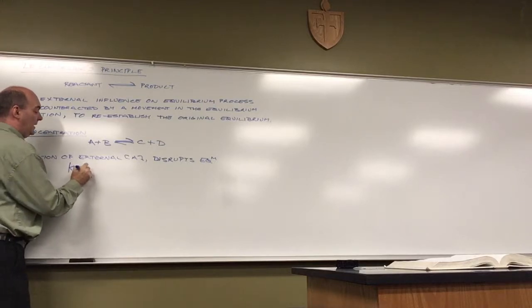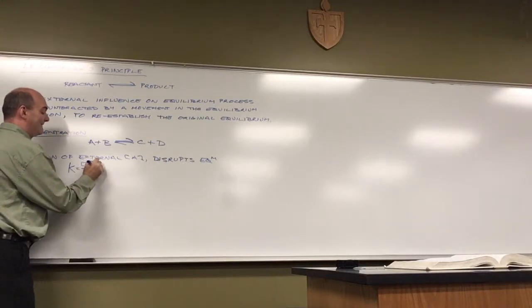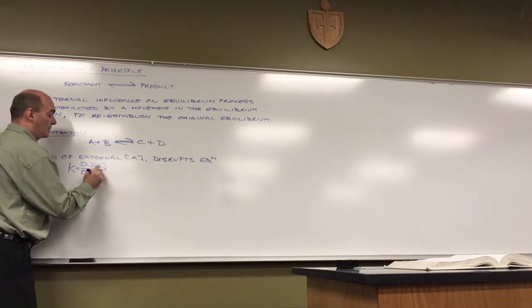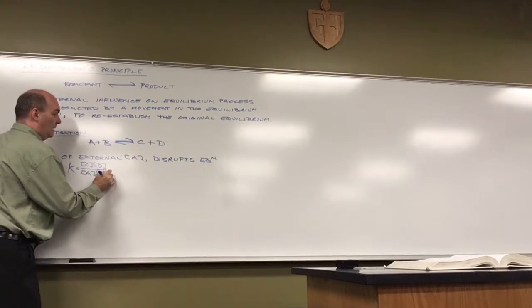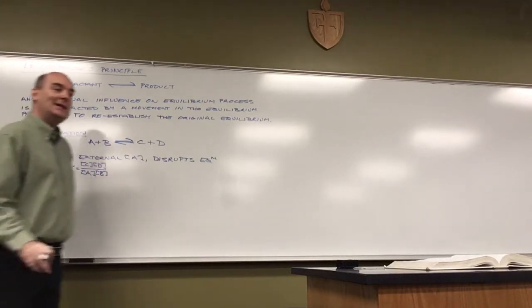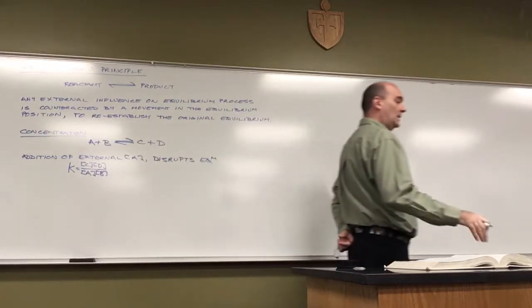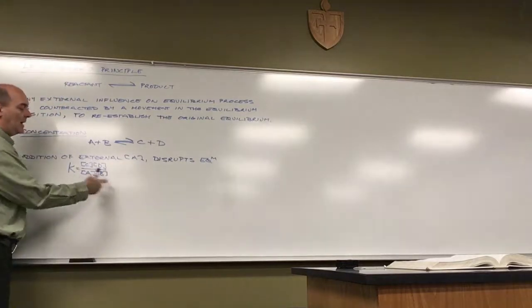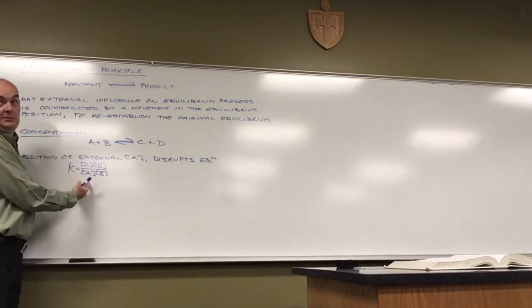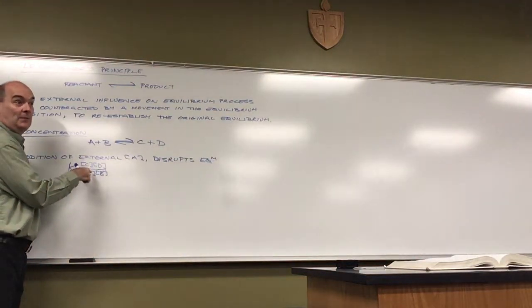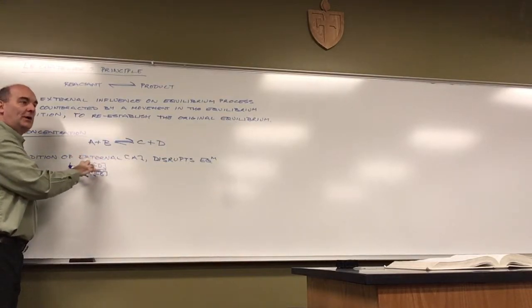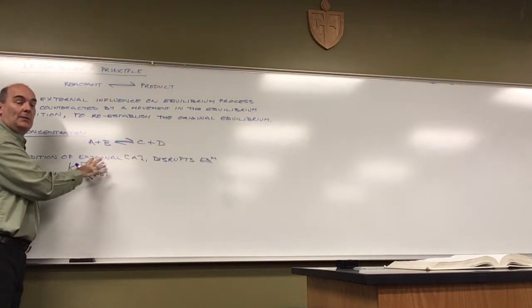Now my K is products over reactants. K is a number that is locked in. It is your equilibrium number. You've just come and stuffed a new number in here. So the actual concentrations of reactants and products that are in your flask at this point are no longer at equilibrium.